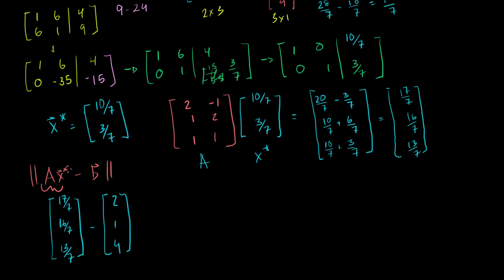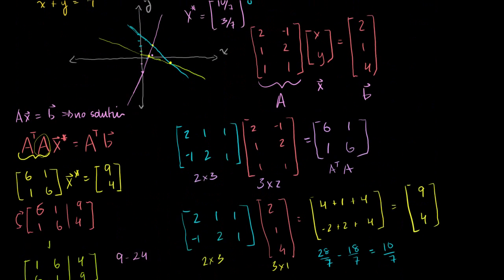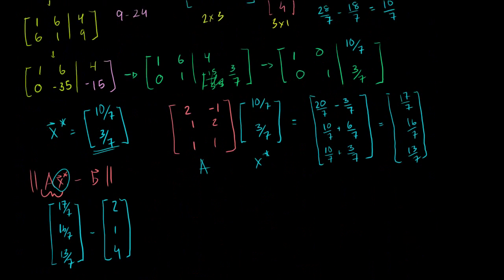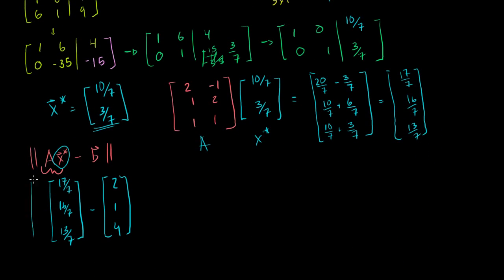I'm claiming that the solution we've just found minimizes this distance because this is the projection of b onto the column space of A. We saw that before.